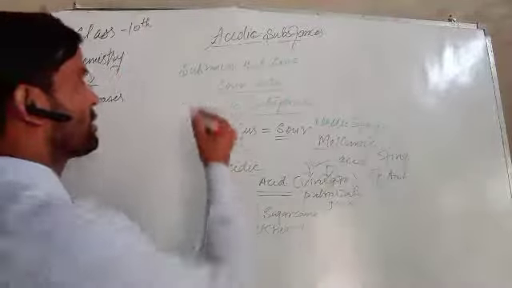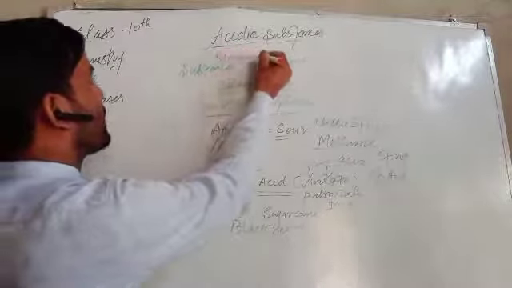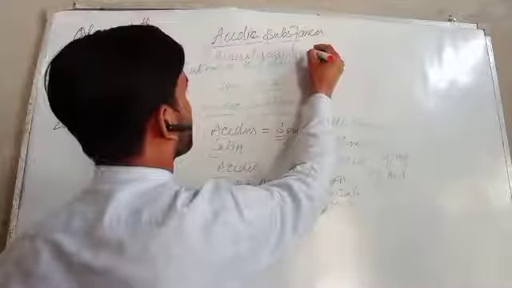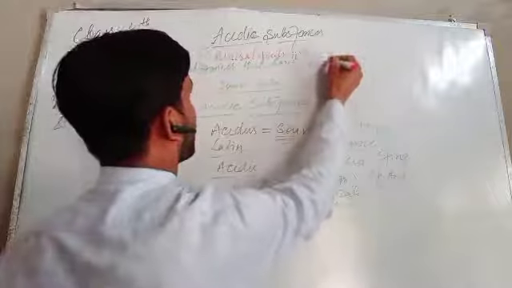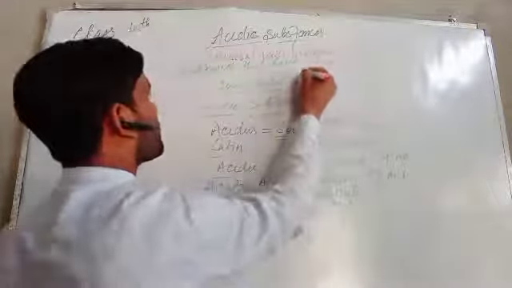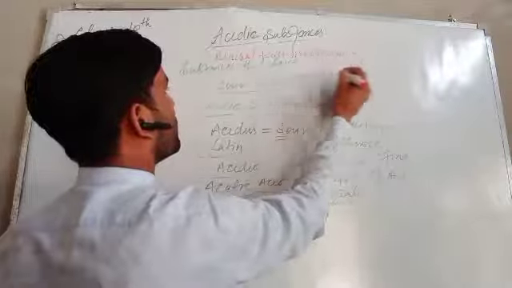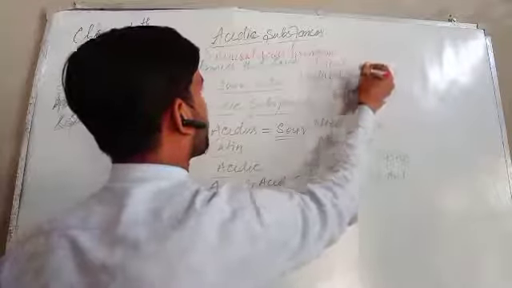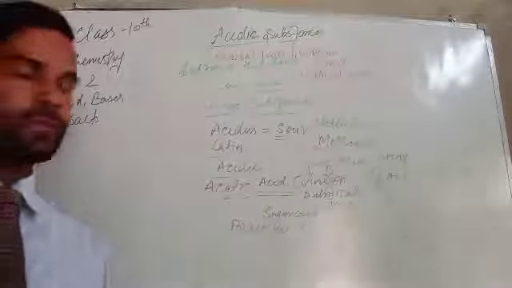These are mineral acids, and the second one is organic acids, also called natural acids. So here are the two types of acid.